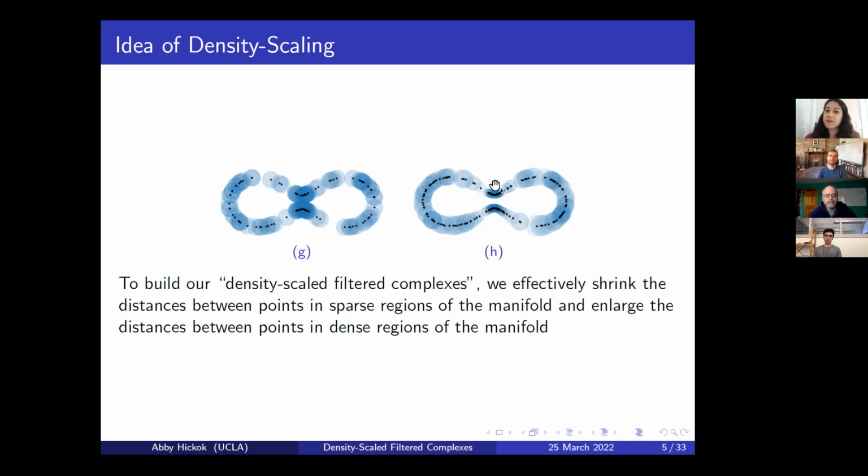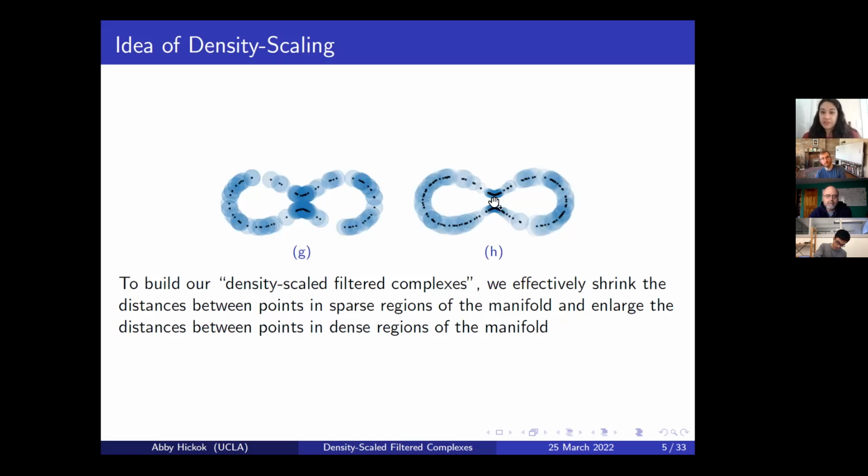So what we'd like to do is put much smaller balls in the denser area. That way we can actually see that there's just one closed loop here, just one 1D homology generator. And to do this, we modify the underlying metric space. Effectively, we're shrinking distances between points in sparse regions of the manifold, and we're enlarging distances between points in dense regions of the manifold.